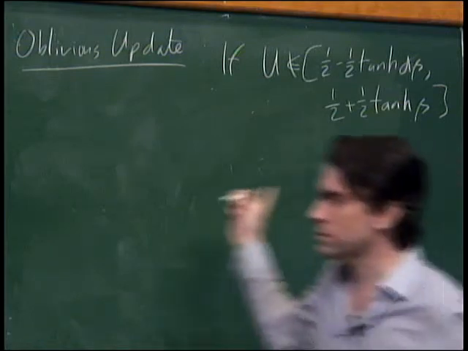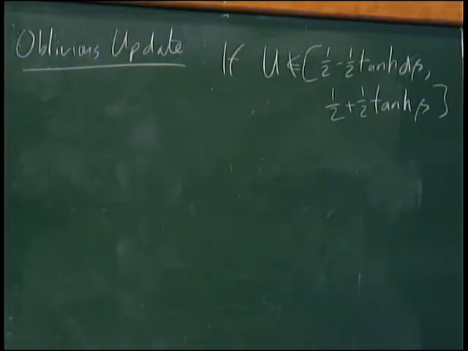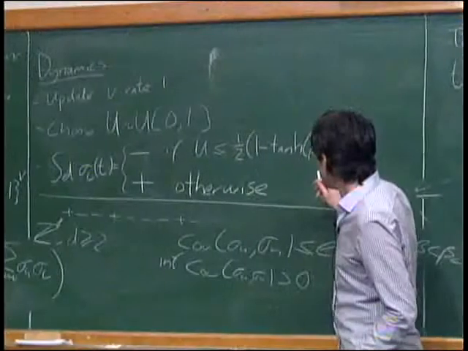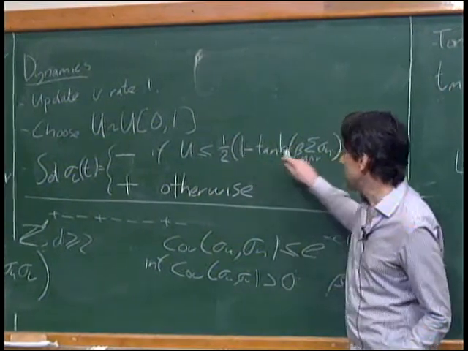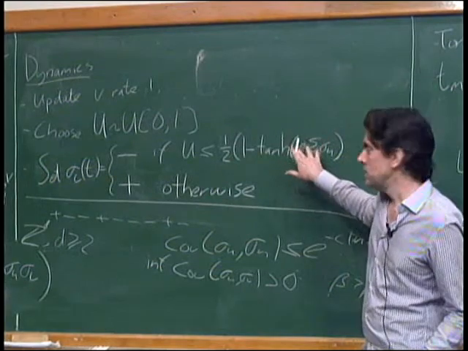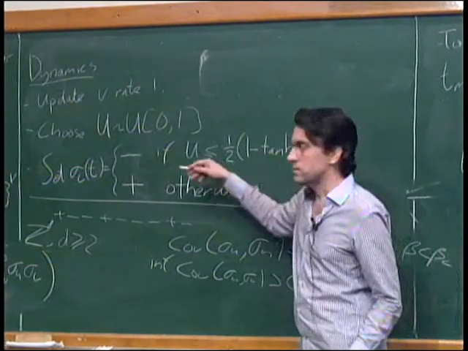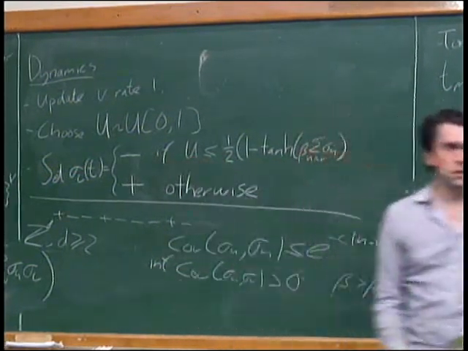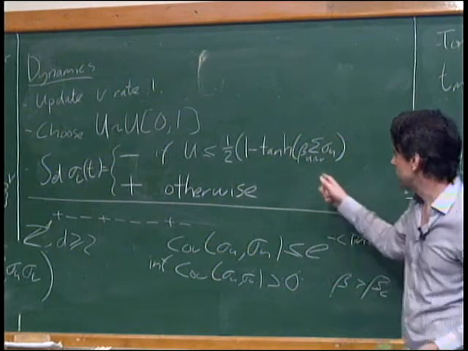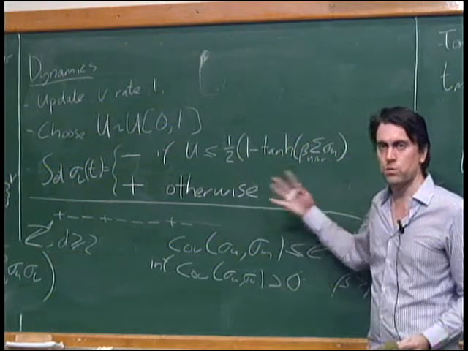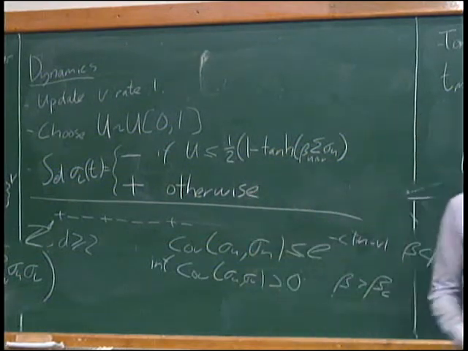Well, let's look at the rule for defining it. The smallest possible value that this could take is a half minus a half tanh of beta. So if U is less than that, we'll always set it to a minus. And similarly, the upper bound of the interval is such that if U is bigger than that, we'll always set it to a plus.